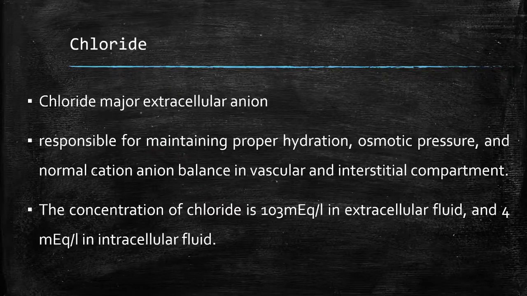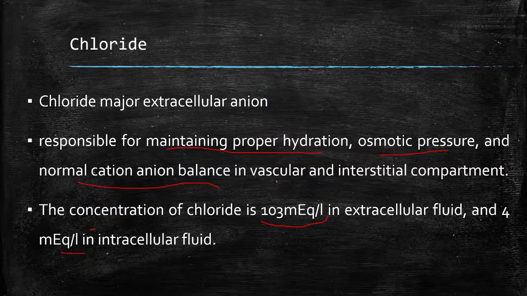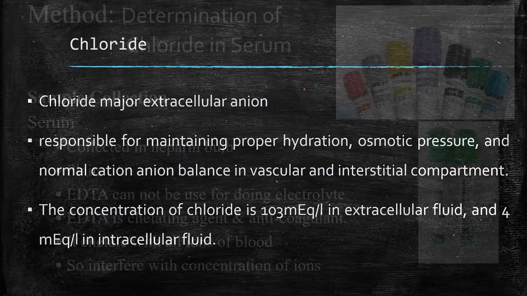Okay. So this is a major extracellular anion. It helps in maintaining hydration, osmotic pressure, and normal cation-anion balance in vascular and interstitial compartments. The concentration of chloride is 103 milliequivalents per liter in extracellular fluid and 4 milliequivalents per liter in intracellular fluid.